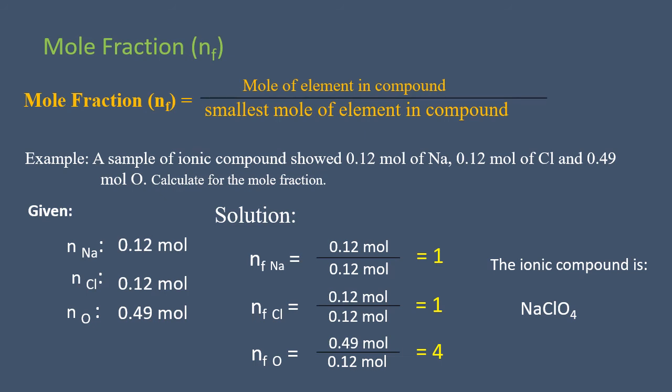And we have the chemical formula NaClO4, or it's called potassium perchlorate. And that is the chemical formula of that ionic compound. Did you get it? I hope so.